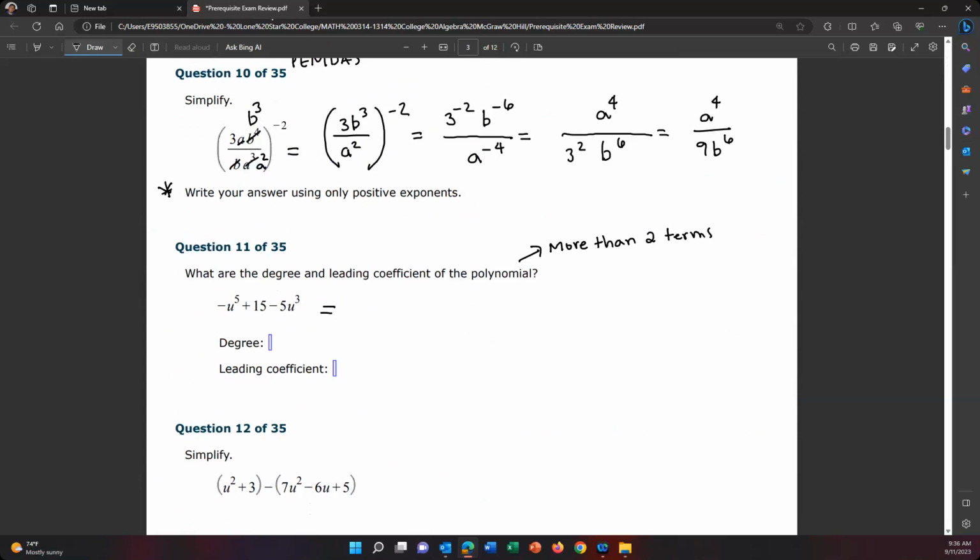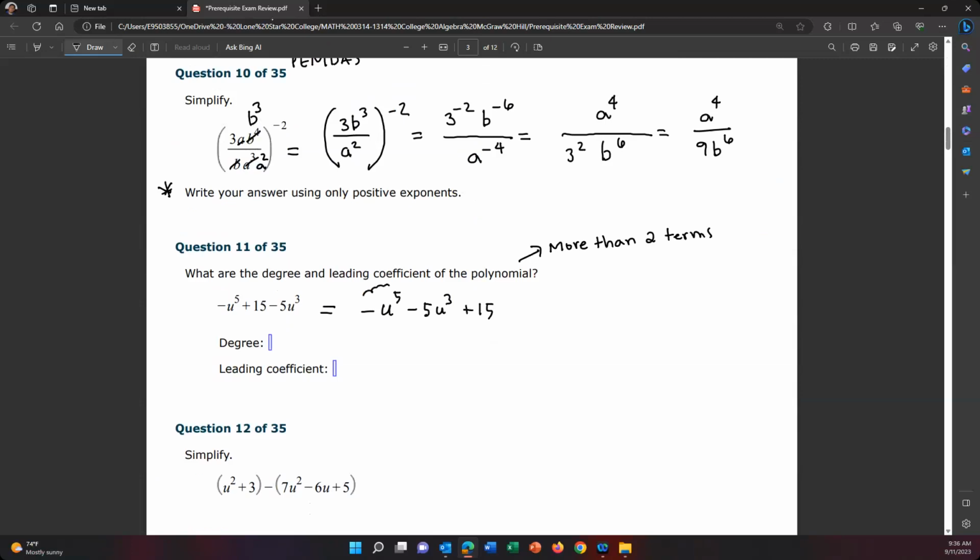If we were to rewrite it with the highest power first, and then the term after that with the next smallest power, writing it in order, we have negative u to the fifth power minus 5u cubed plus 15. Since the 15 has no u, it will be the very last term.